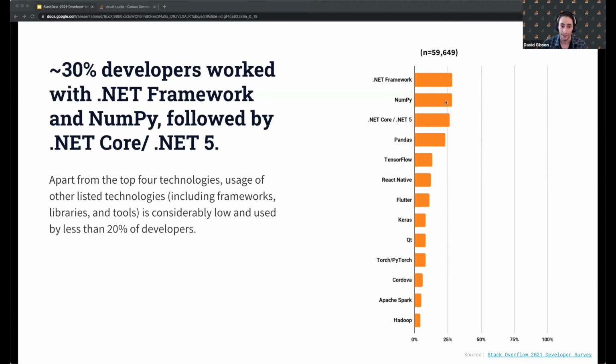So for NumPy, we see over 25% of developers have used NumPy, and almost 25% of developers have used pandas as well. So both of these are very data specific Python packages. So the takeaway here is, although a developer might not be directly working as a data professional, they're very likely to touch or analyze data in some way, shape, or form.